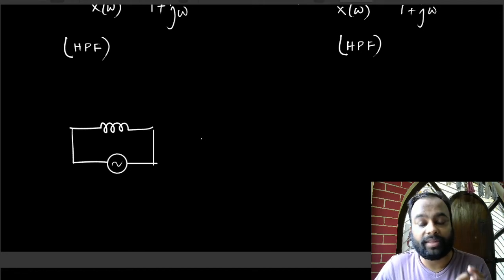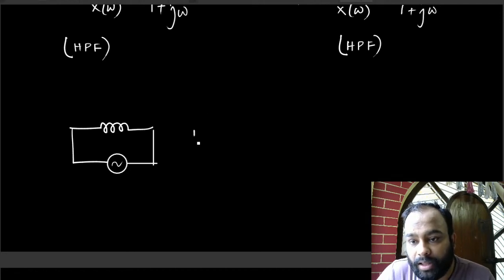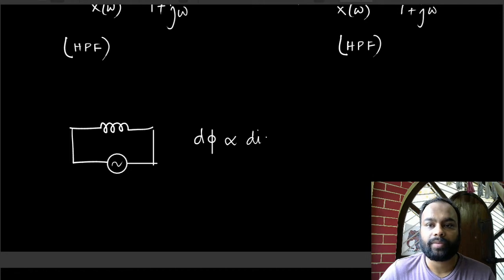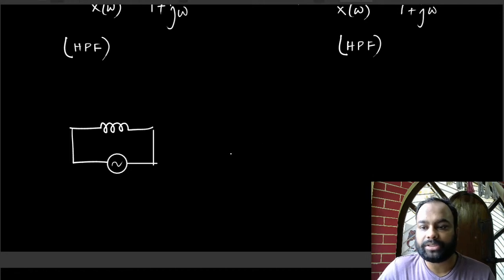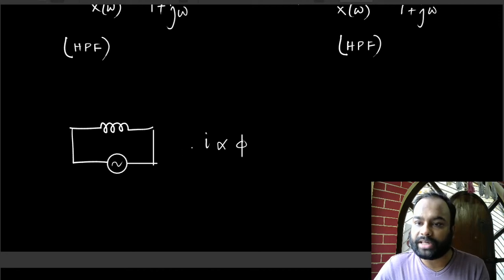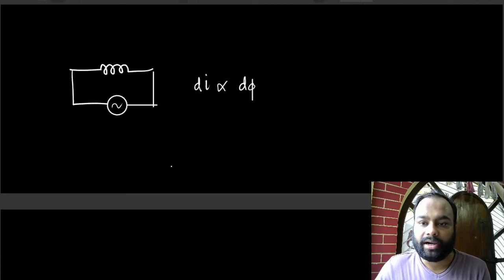This comes from the very simple fact that we consider that dφ is proportional to di. Or rather I would say i is proportional to φ, right? For an inductor, we are assuming something like this. We are assuming that the rate of change of current would be proportional to the rate of change of magnetic flux.